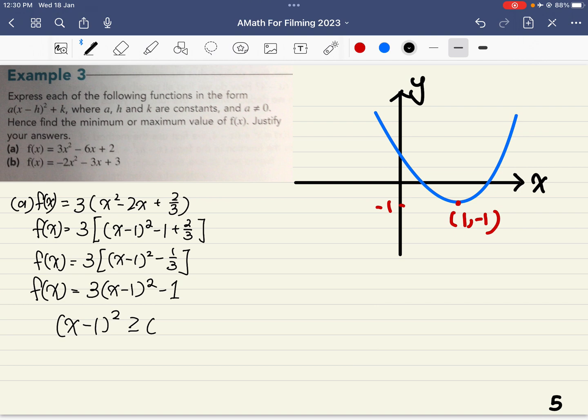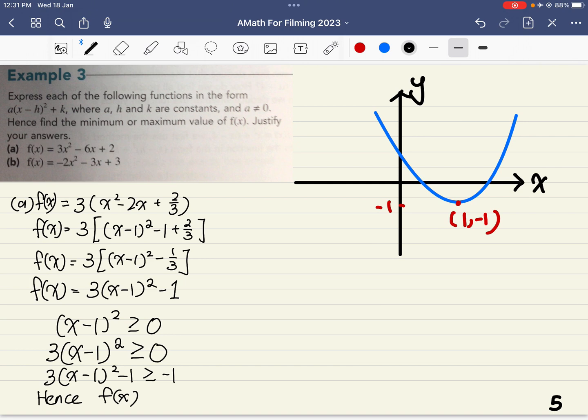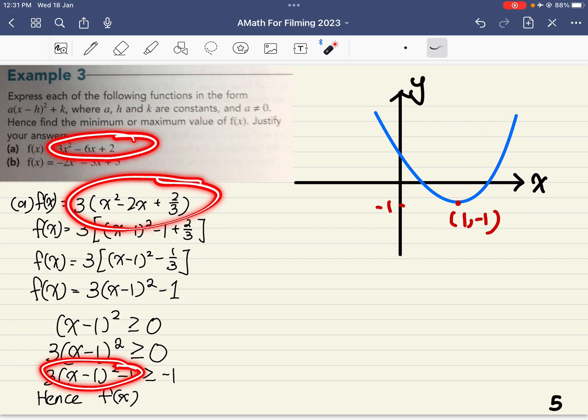Now the statement I can make is this: x minus 1 squared will always be greater than or equal to 0. If I multiply by 3 on both sides, 3 times x minus 1 squared will still be greater than or equal to 0. Multiplying by a positive number on both sides of the inequality does not change the direction of the inequality. Then I subtract 1 from both sides of my inequality. What I get is this. Hence, this expression is equal to what we had right from the very start, and this is equal to f(x).